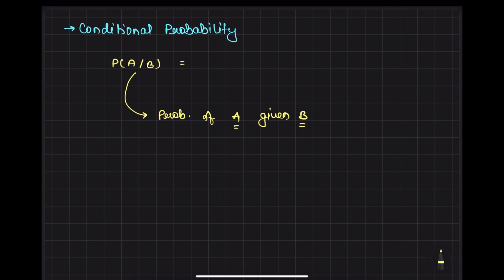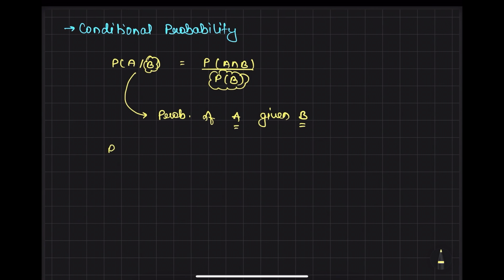And you can write this as n of A intersection B upon n of B, or you can say it is probability of A intersection B upon probability of B. The given thing, the thing which is written after the given sign, has to be written in the denominator.